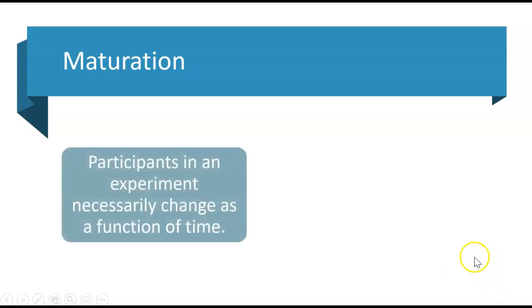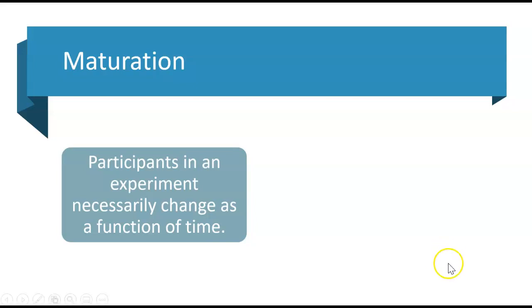Maturation effects are basically, participants continue to change over time. I think the name here is an artifact of looking at immature organisms who are still growing, children, for example. But all people, regardless of their age, continue to grow and change in various ways.